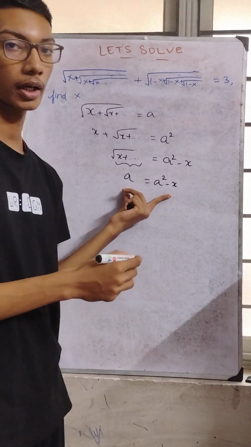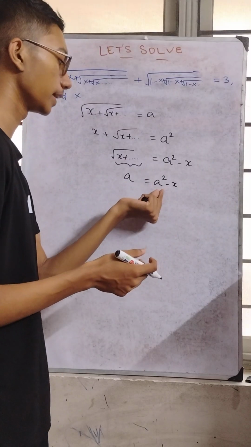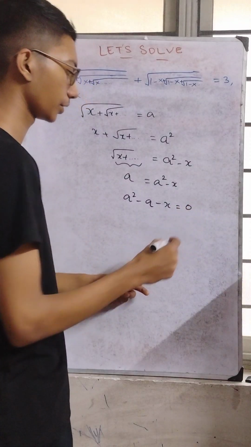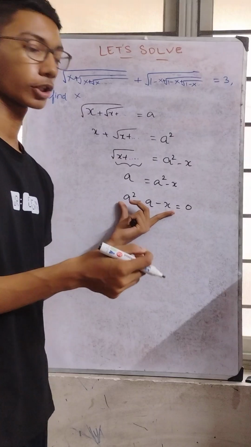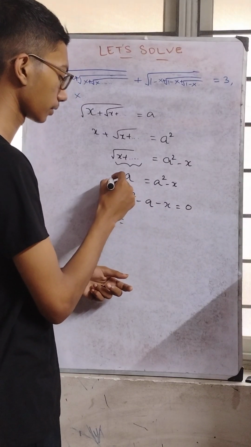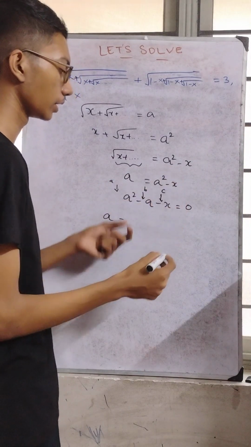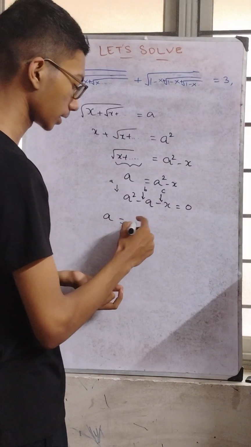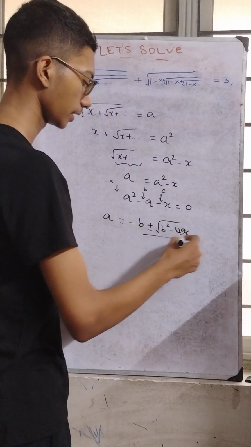Now we can form a quadratic equation with this, but the variable of the quadratic equation will be a. So a square minus a minus x equals 0. So this will be the quadratic equation. This quadratic equation is in terms of a. So we need to find the value of a. Let's take the coefficient here as a, the coefficient here is b, the coefficient here is c. We know the quadratic formula: minus b plus or minus root b square minus 4ac by 2a.